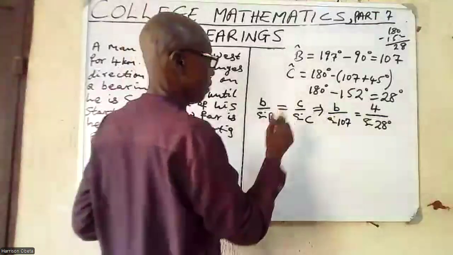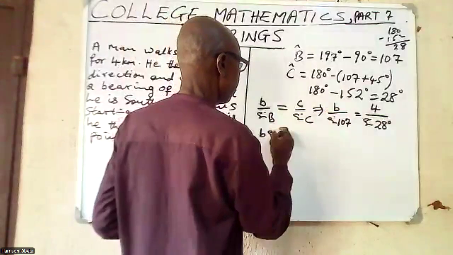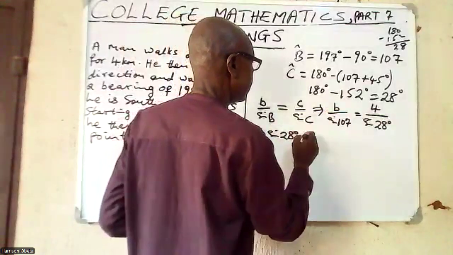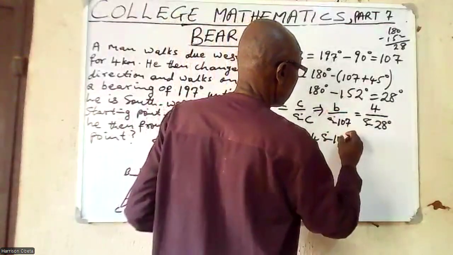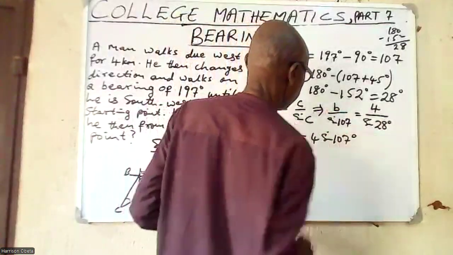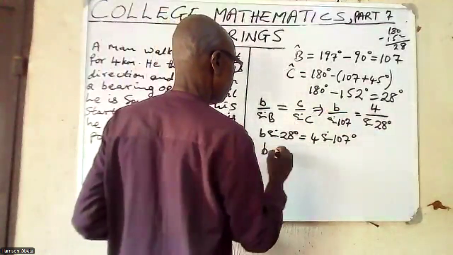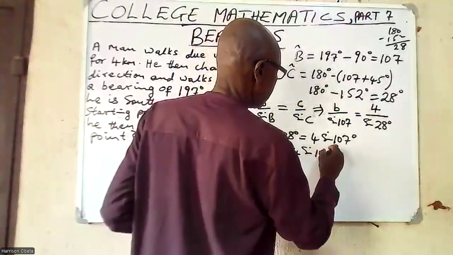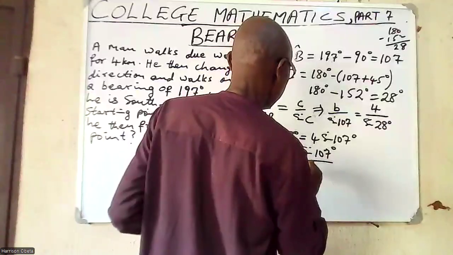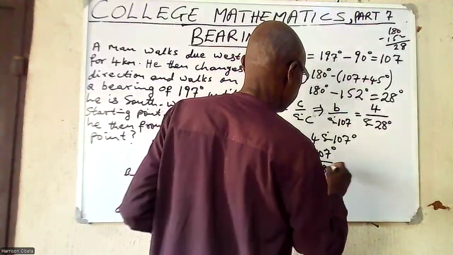From here we cross multiply: b sine 28 degrees gives us 4 sine 107 degrees. Therefore, b is equal to 4 sine 107 all over sine 28 degrees.